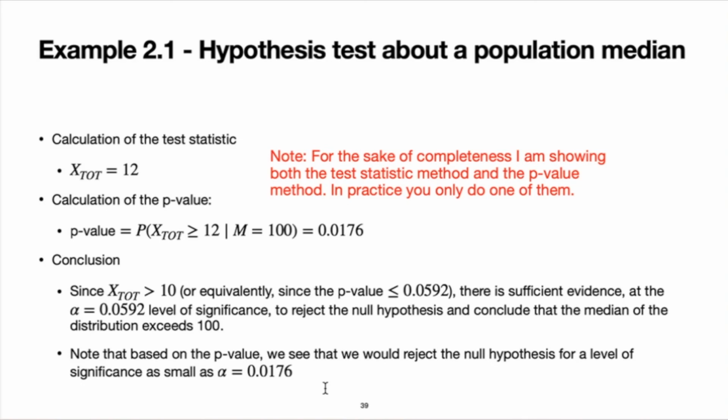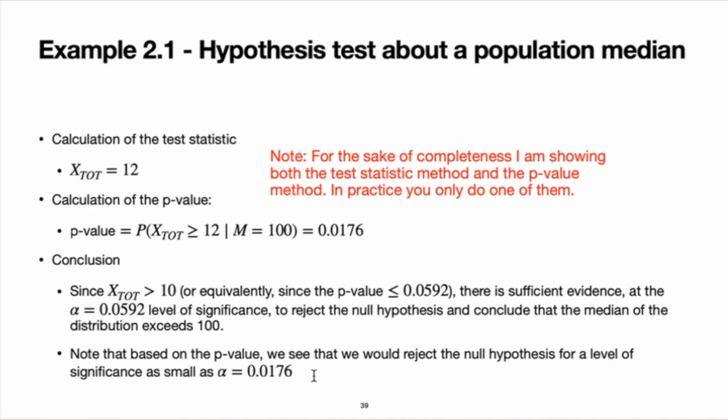Now, note that based on the p-value, which is 0.0176, not only would we reject at the 0.0592 level, we would reject at the 0.05 level, we would reject at the 0.04 level, we would reject at the 0.03 level, at the 0.02 level, we would even reject at the significance level of 0.0176. However, we would not reject the null hypothesis at the 0.01 level, right?